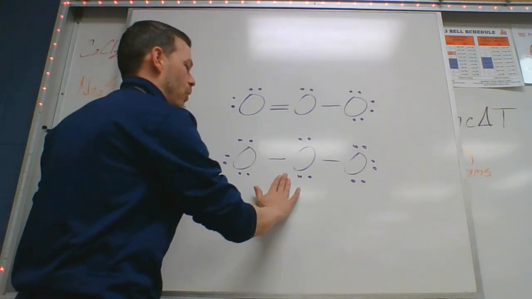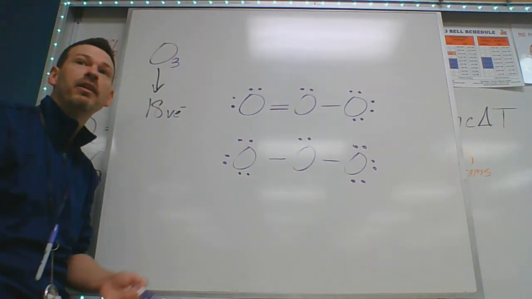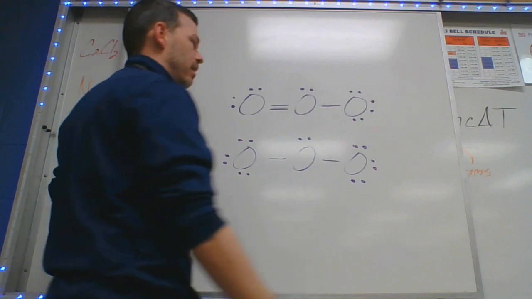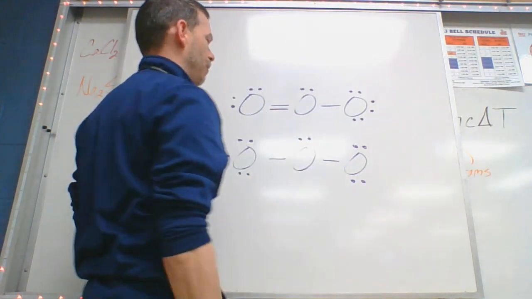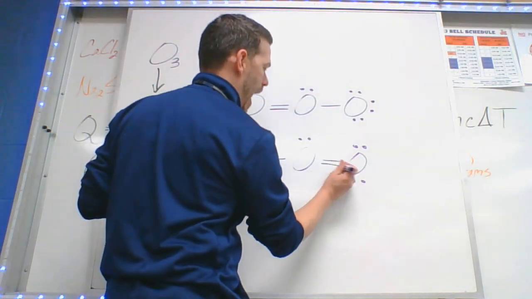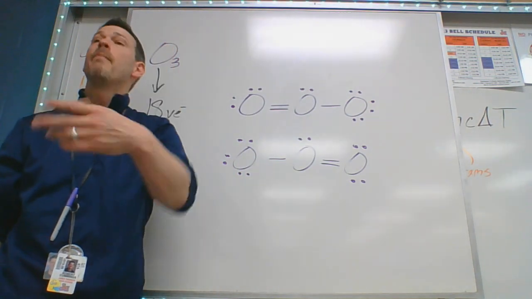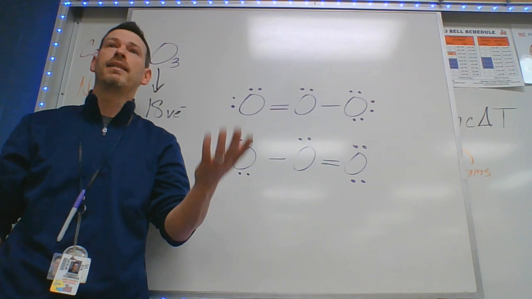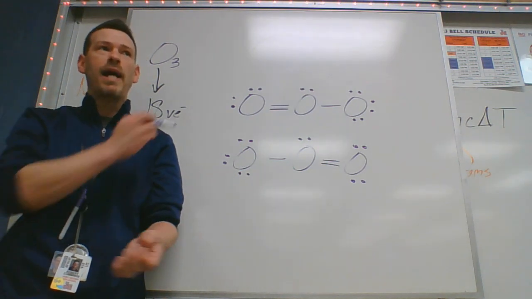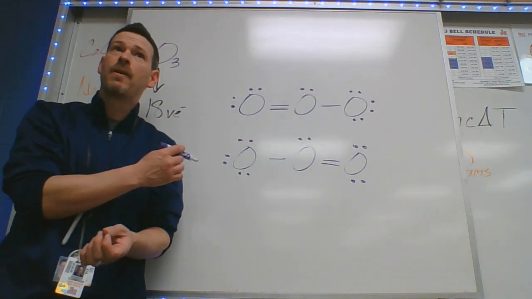I said, cool, erase 4 dots, but we could have gone right. Erase 4 dots, add 1 bond. Ozone has 2 resonance structures because there are 2 different ways to draw it. So write down in your notes 2 resonance structures.